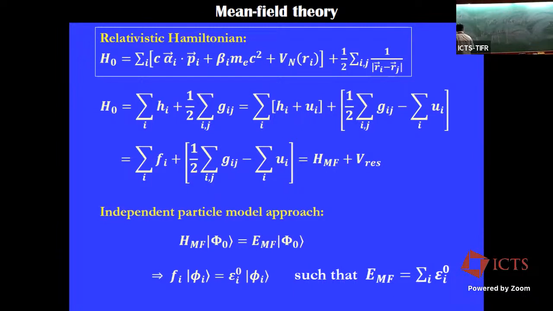There is one step I'm leaving out because of the lack of time. So this is the Coulomb interaction term, psi j, then psi i, minus the corresponding exchange term here, is equal to the sum over i of epsilon i times psi i. Okay, so if I remove the sum over i, then this is the equation you are trying to solve.